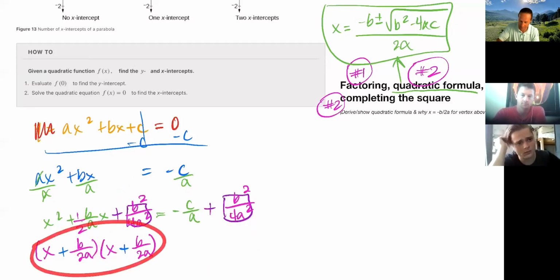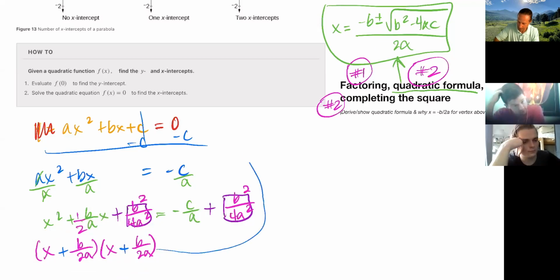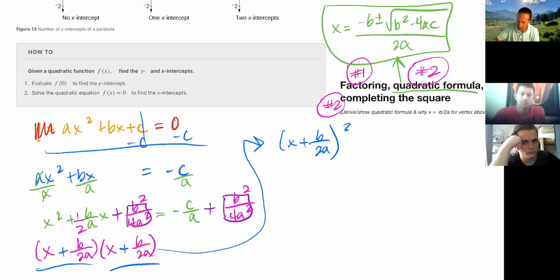So hopefully you guys see that this is equivalent to that. But what does this allow me to rewrite it as? That, instead of writing it times itself, I'm going to write it squared.